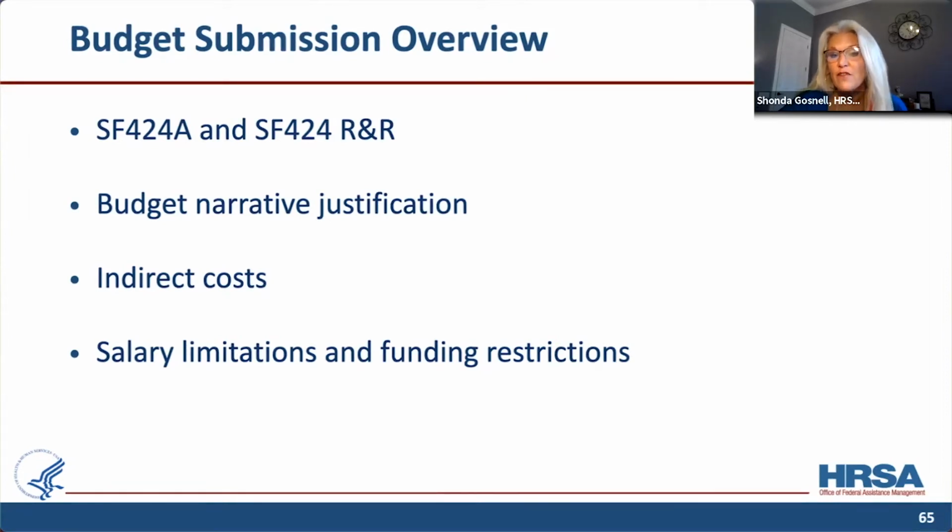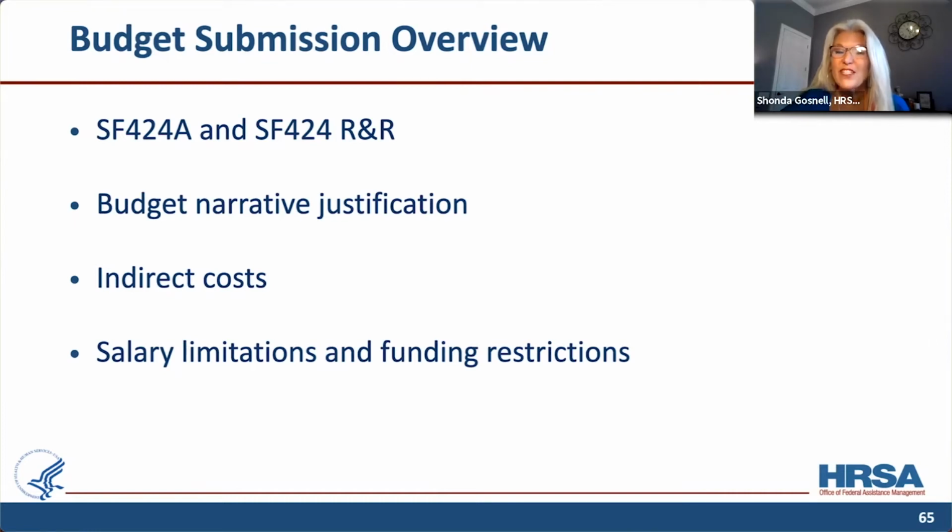Equipment has a cost of $5,000 or more per unit and a useful life of more than 1 year. And finally, any other costs which did not fit into any of the other line items, as well as any requested indirect costs as applicable. So this program budget justification narrative should clearly explain how the costs for each line item were derived by delineating and providing cost calculations, and should specifically describe how each item will support the achievement of the proposed objectives in the NOFO to which you're applying.